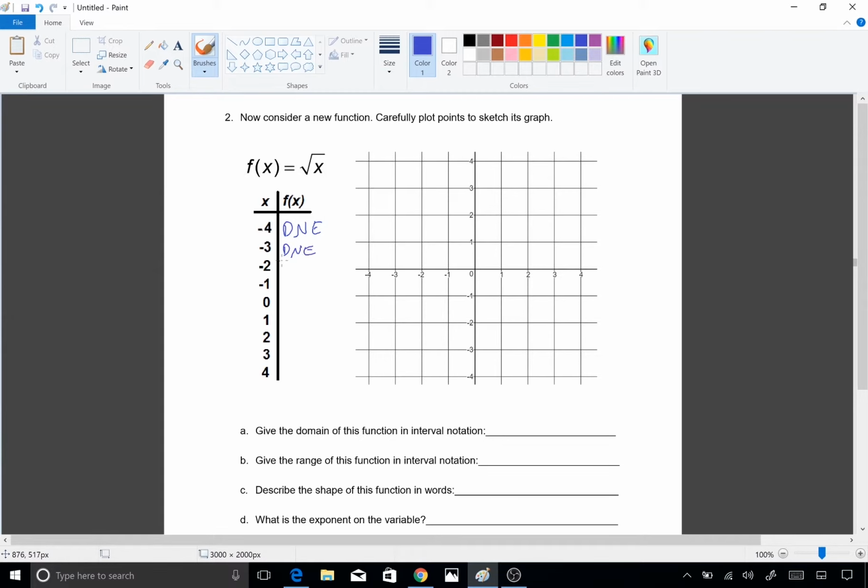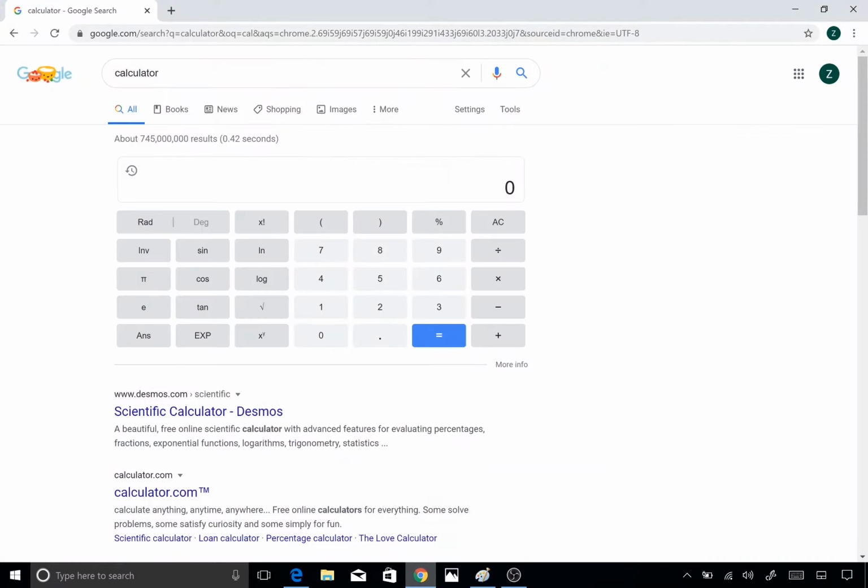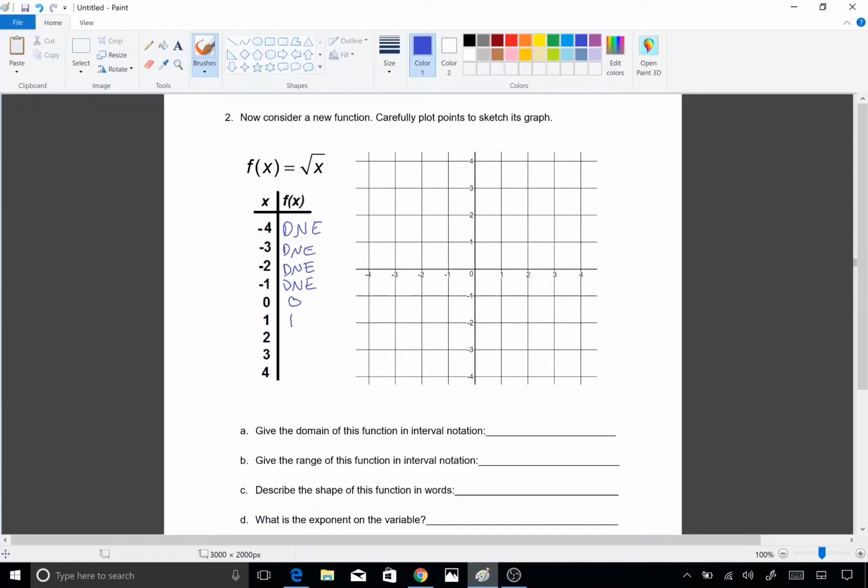F of x is not a real number until x equals 0. And then the square root of 0 is 0. The square root of 1 is 1. To graph this, I'm going to need a number for the square root of 2. That would be 1.414.